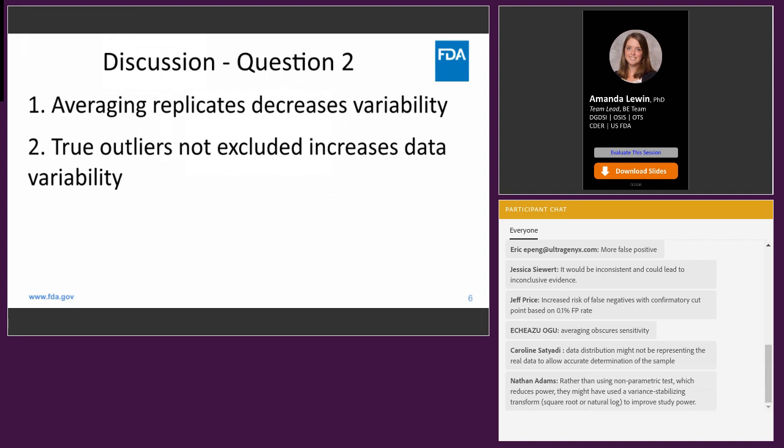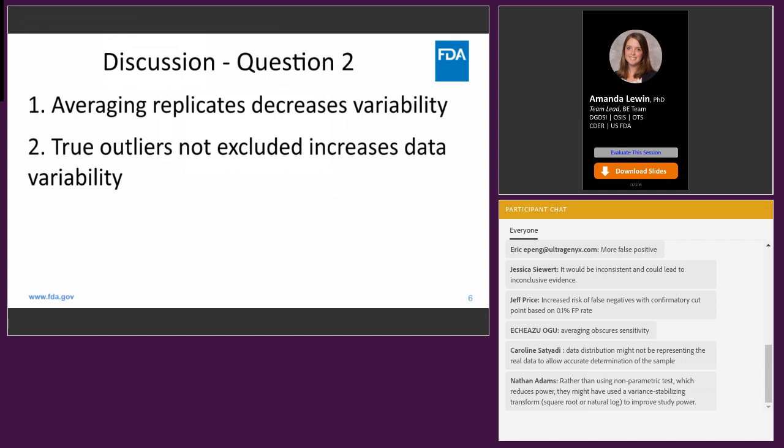And failure to exclude those could cause the data set to have an elevated variability, right? So this would result in an elevated cut point. Ultimately, this may result in a failure to identify and characterize all of your ADA positive samples, or it could result in false negatives. And everyone wants to stay away from the case where you have false negatives.